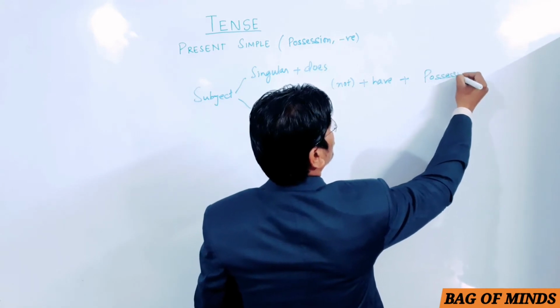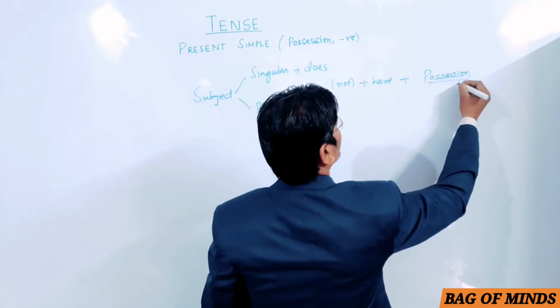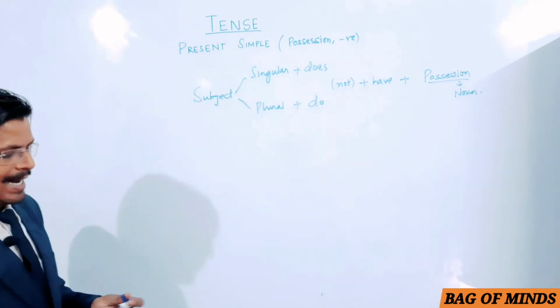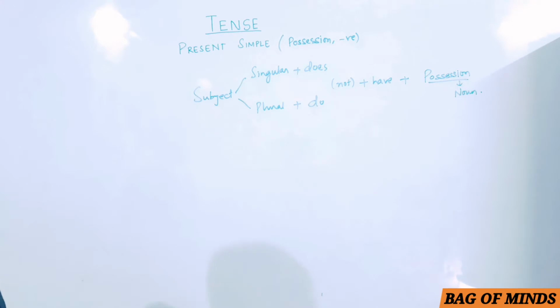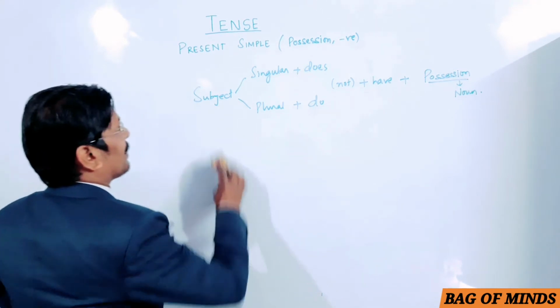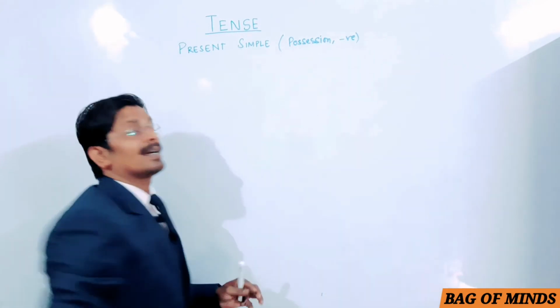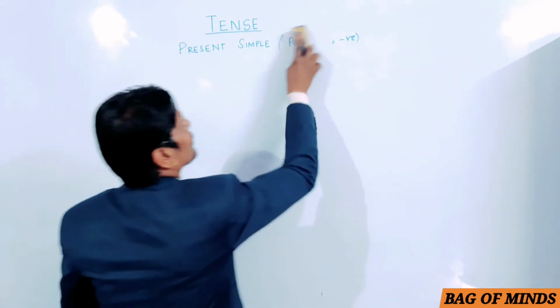Remember, possession is always and always a noun, very important. Okay. Now let's move to the next category, present simple, and that will be for our state quality part. Till here, I hope my viewers, things are very clear to you all.